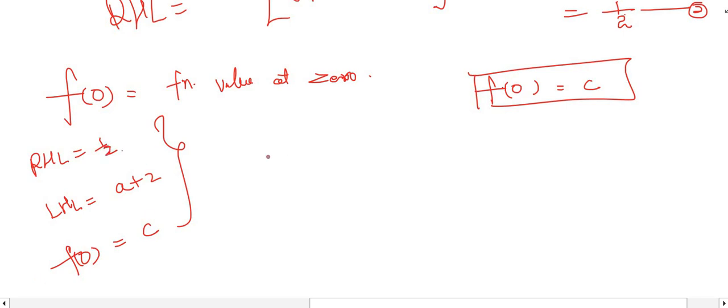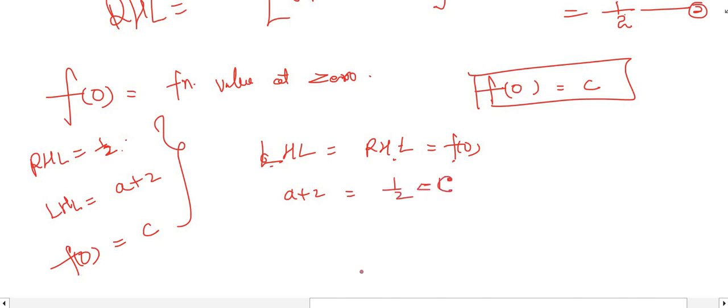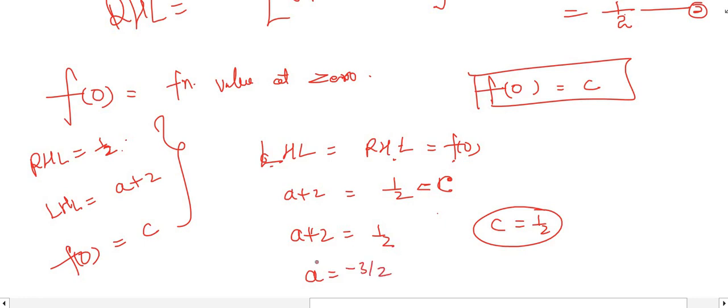If it is a continuous function, then LHL is equal to RHL is equal to the function value, all three. So LHL is A plus 2, RHL is half, and this is C. Right? So from here we can make an equation. A plus 2 is half and C is half. So from here A will be minus 3 by 2.